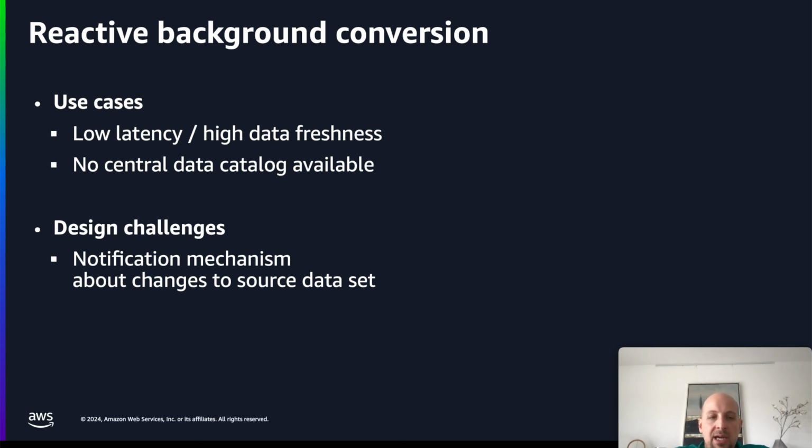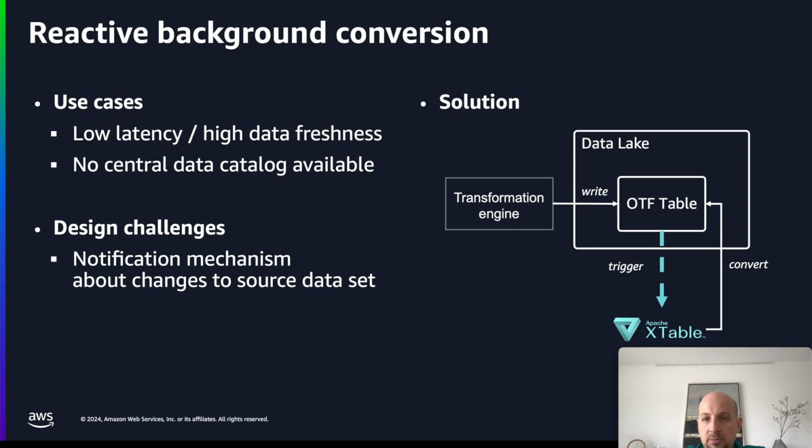One thing that we figured is how do we design this notification and this event-driven mechanism, because what we actually want is to have the conversion kick in right as the new metadata or changes are written to the source table on the storage. How would we design this control loop, and how do we start the conversion?